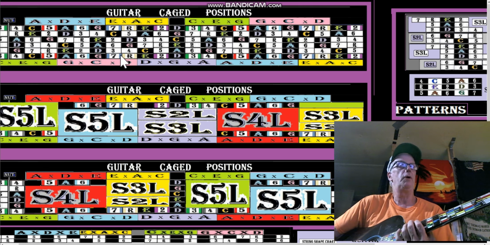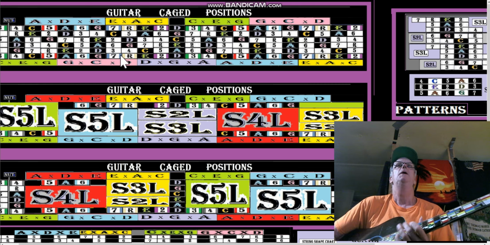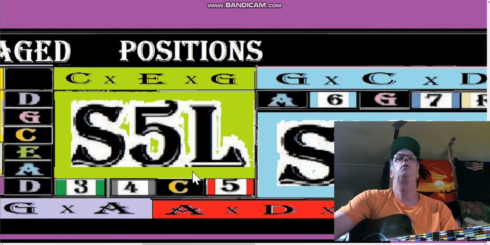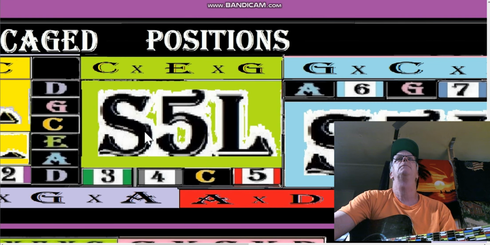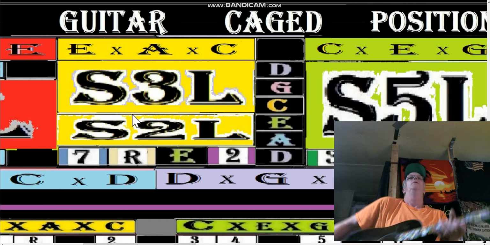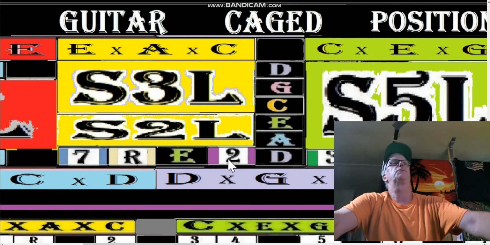Because if you go an S4L, you're going to end up with half of an S3L on top. But if we start this E shape with a nice S1, that's the C shape. We start it with a nice S1 down here. We can do a full pattern up here. This is why we can use these S1s really well.